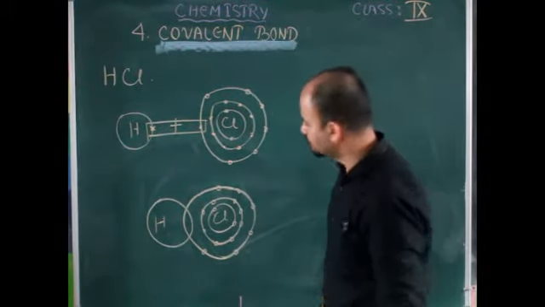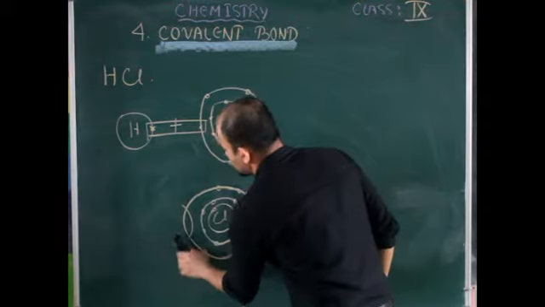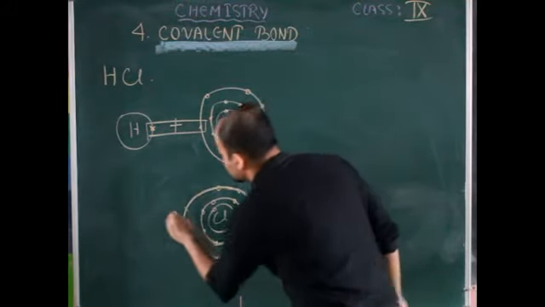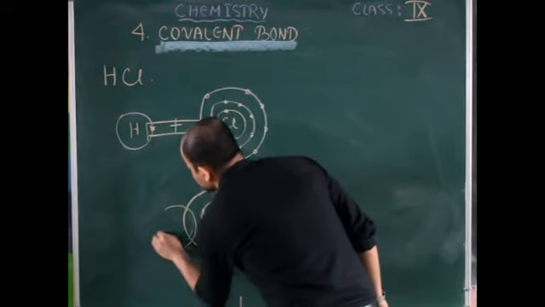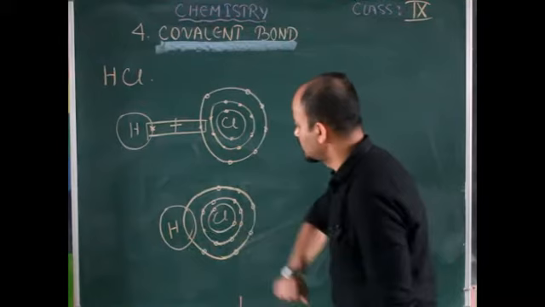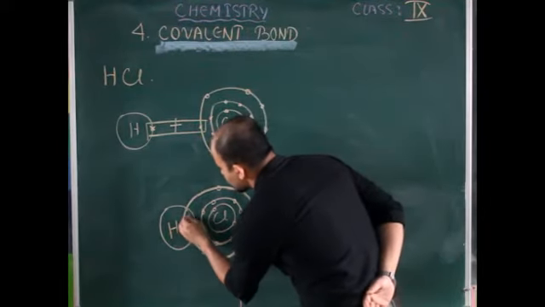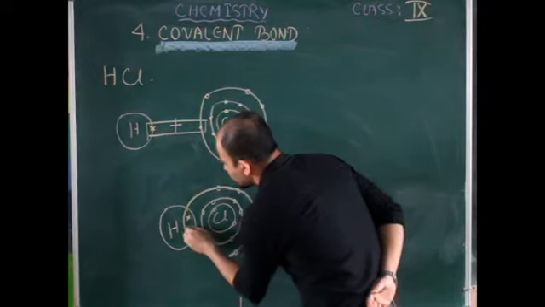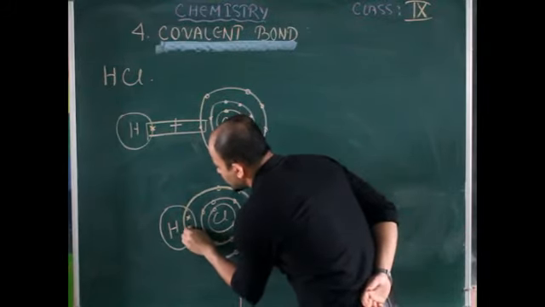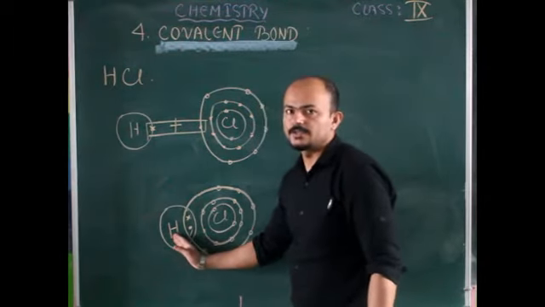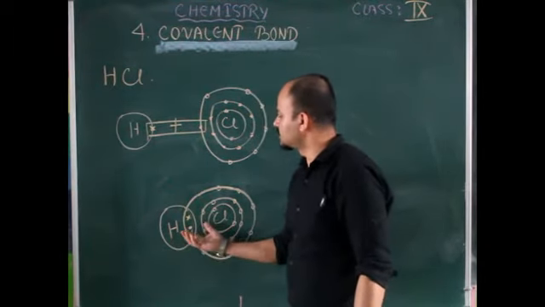Now let me draw the structure once again. Suppose hydrogen and chlorine have come together. The electron of hydrogen is shared with chlorine and an electron of chlorine is shared with hydrogen. This is how we draw this structure.